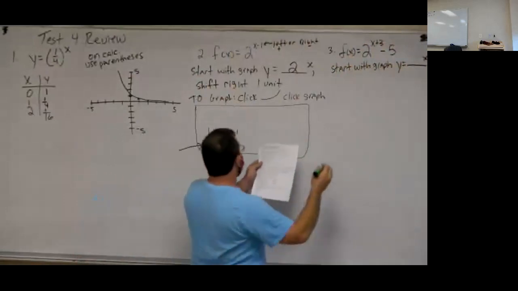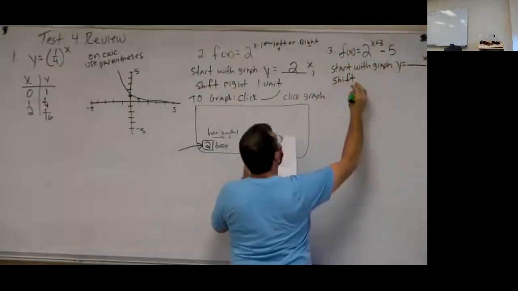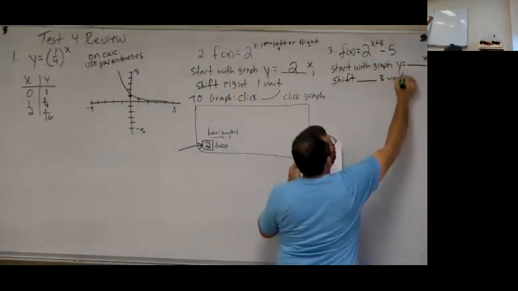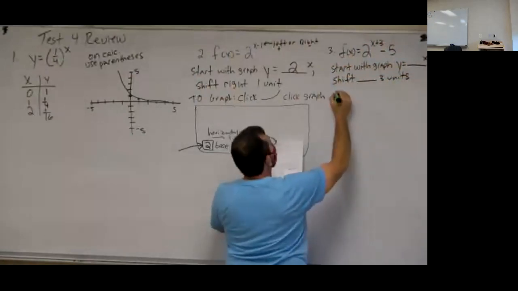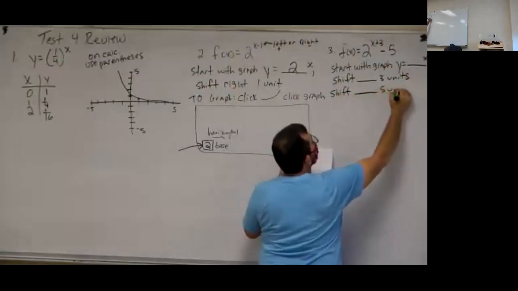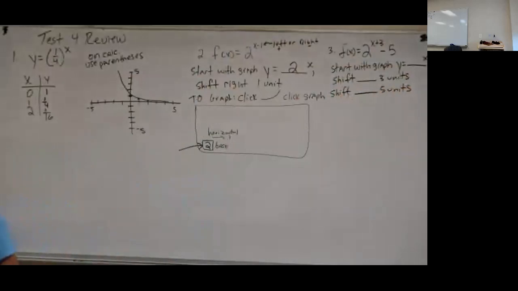And then it has the shifting: shift blank 3 units, shift blank 5 units. So these are the little parts you fill in before you even touch the graph.